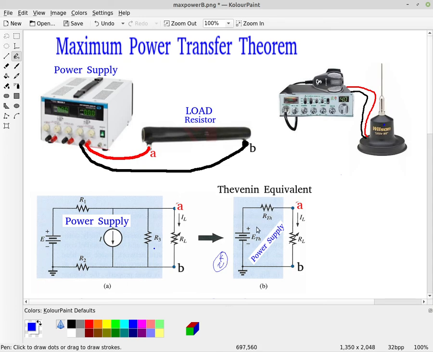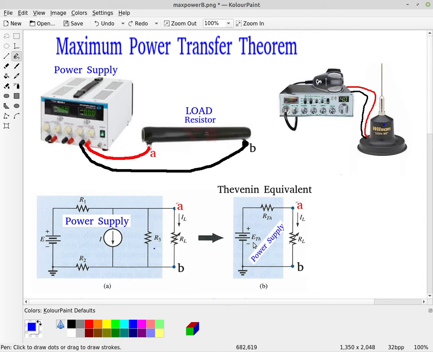It simplifies down to just a voltage source and an impedance. In DC all our impedances are resistances, but in AC this could have inductors and capacitors, so it would be a full impedance. If all you have is resistors, you would just have a resistor, which we call R Thevenin.